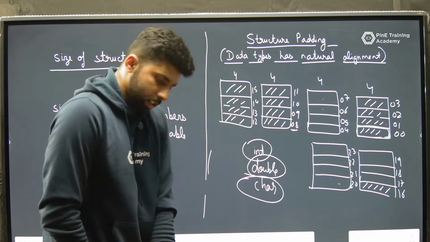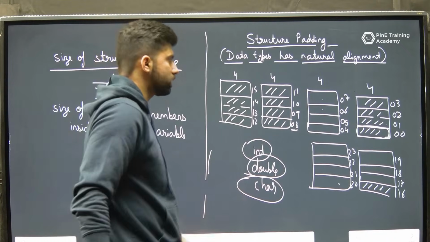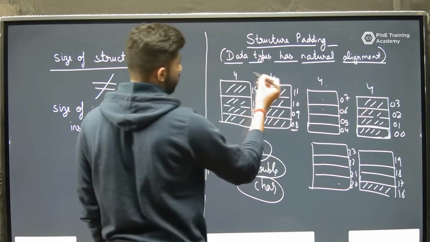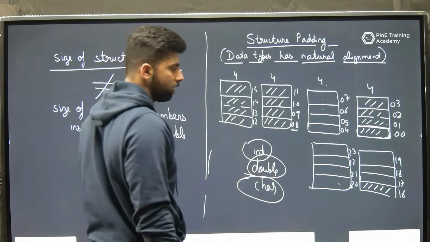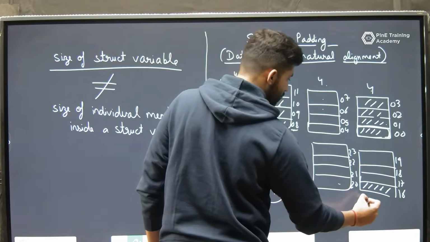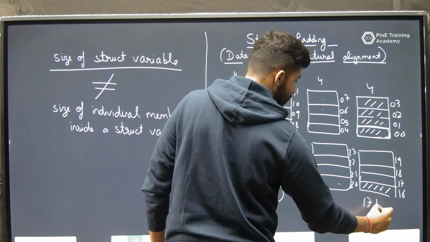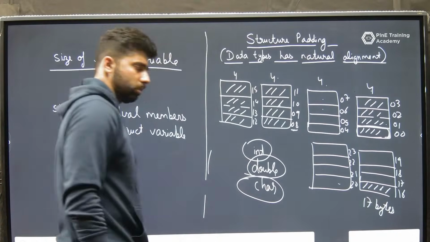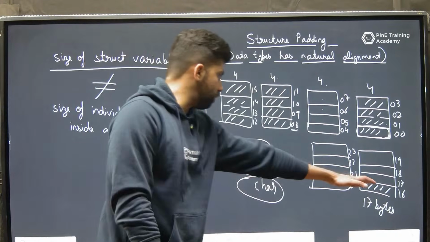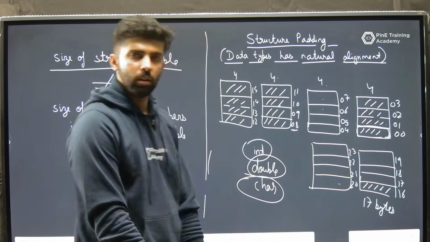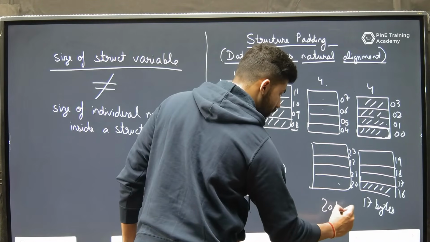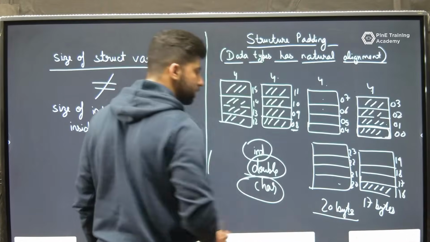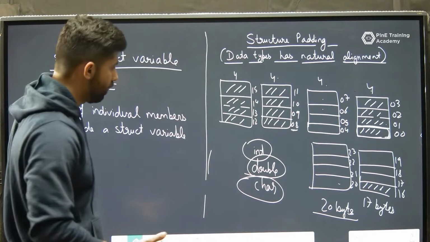Now you might think that in this case the size will be 4 plus 4 plus 4 plus 4, and since all of the memory is left, this will be 17 bytes because we don't have anything after this one. Or some of you might be thinking about 20 bytes, right?